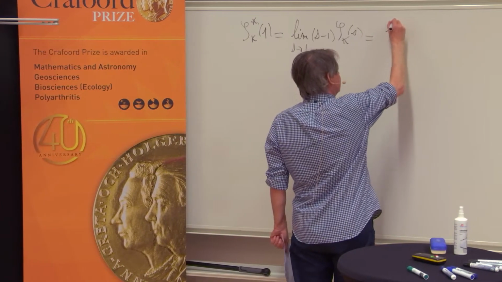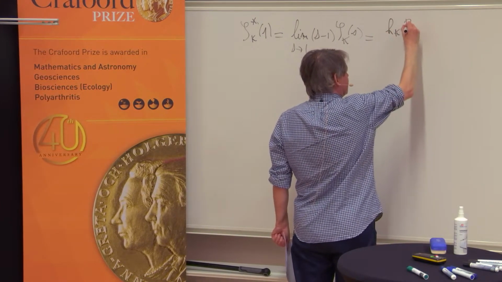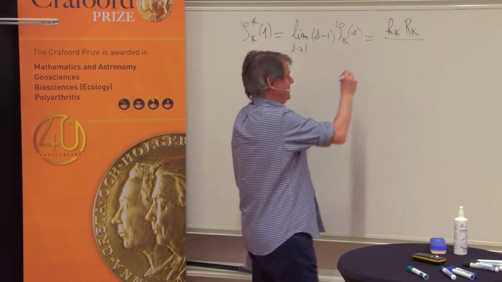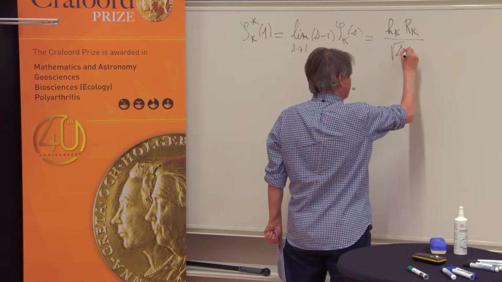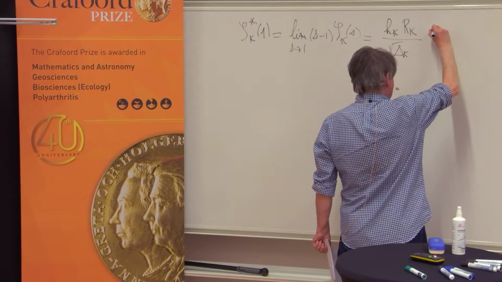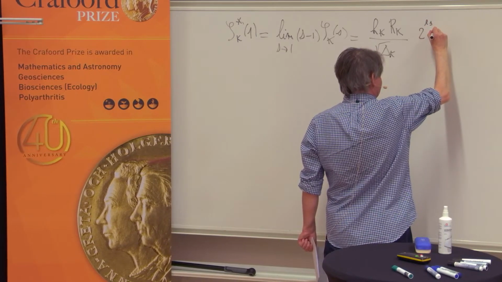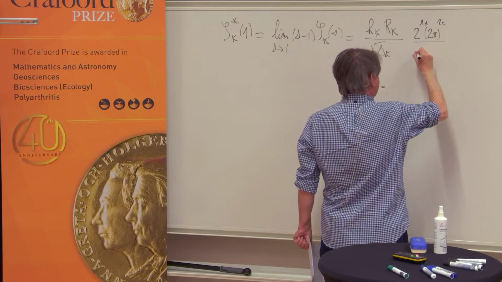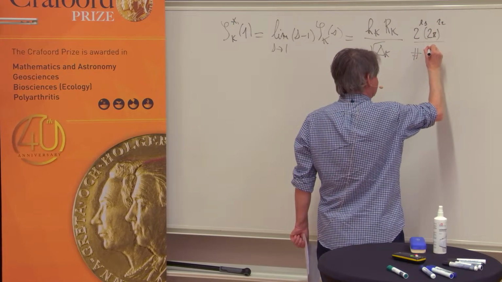The formula is the following. It's called the class number formula. It's the class number times the regulator over the square root of delta_K, and then some small factors. They turn out to be small, so I will just write them quickly. And here, I will just write in a fancy way.